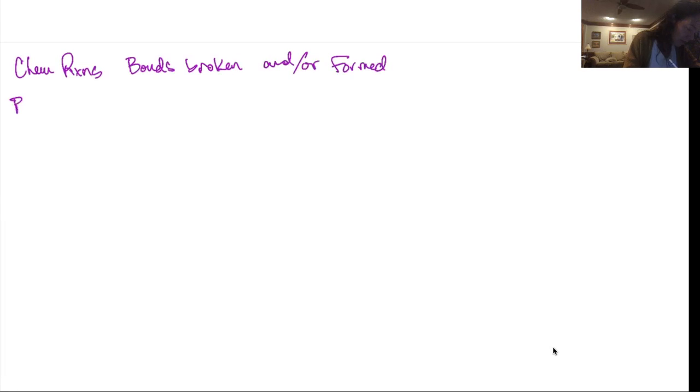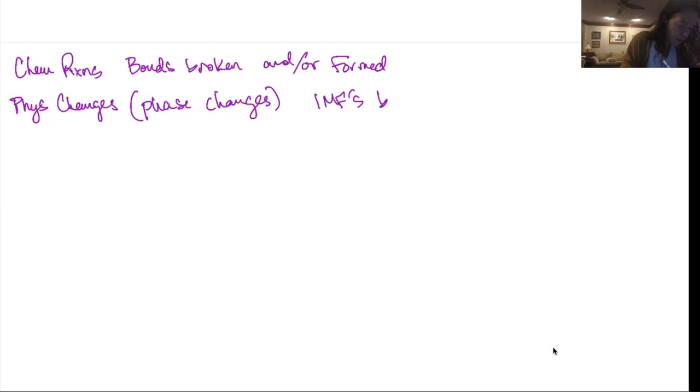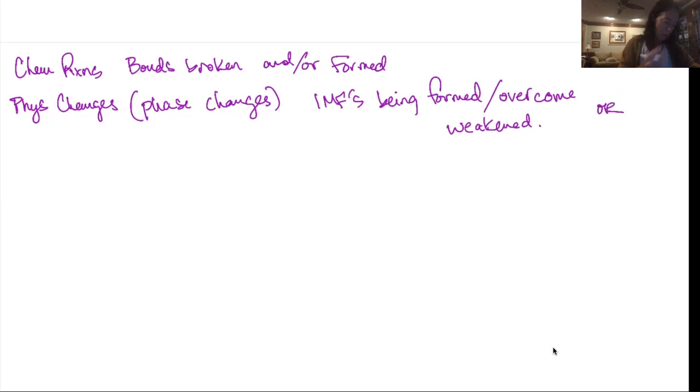And in physical changes, such as phase changes, we are dealing with IMFs being formed, overcome, or weakened. Okay, that's an or. It doesn't look like it, but that says or. You should know this.